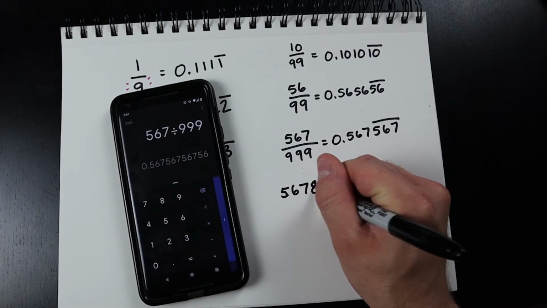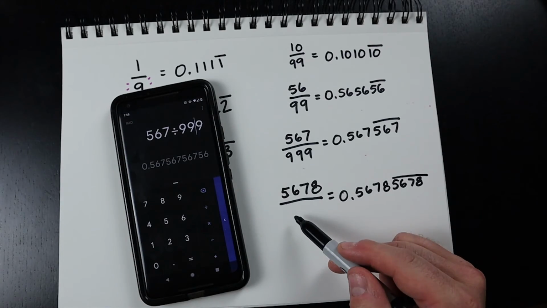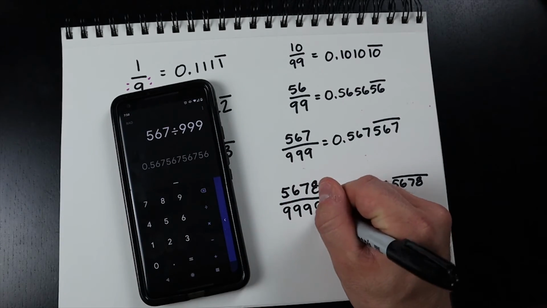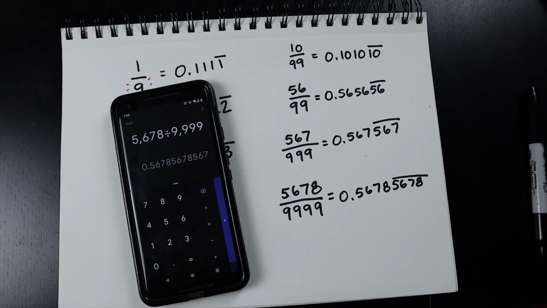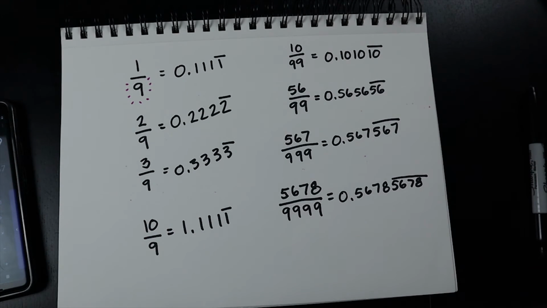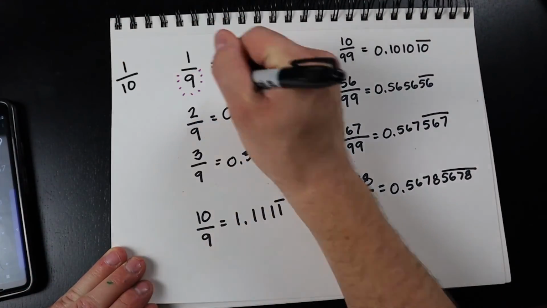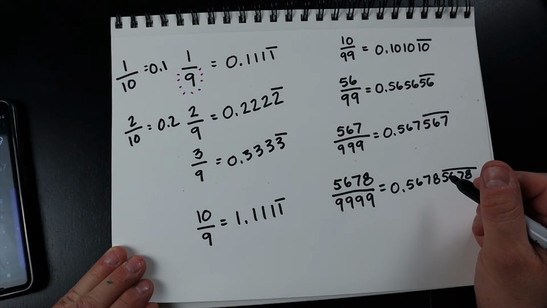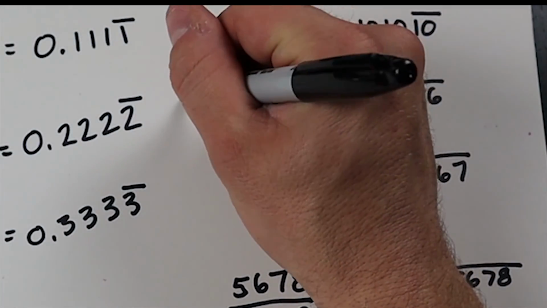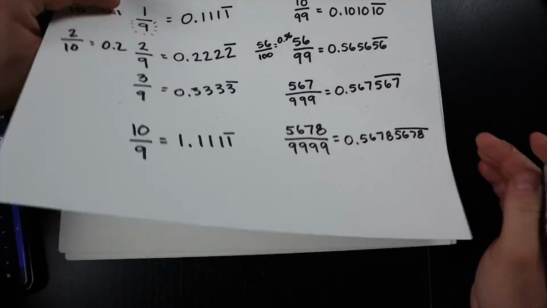This pattern will work with any amount of repeating numbers. One last thing. Remember that if you don't want a number to repeat, it is placed over the proper tens value. Like if I don't want the number 56 to repeat, I put it over 100 instead of putting it over 99.